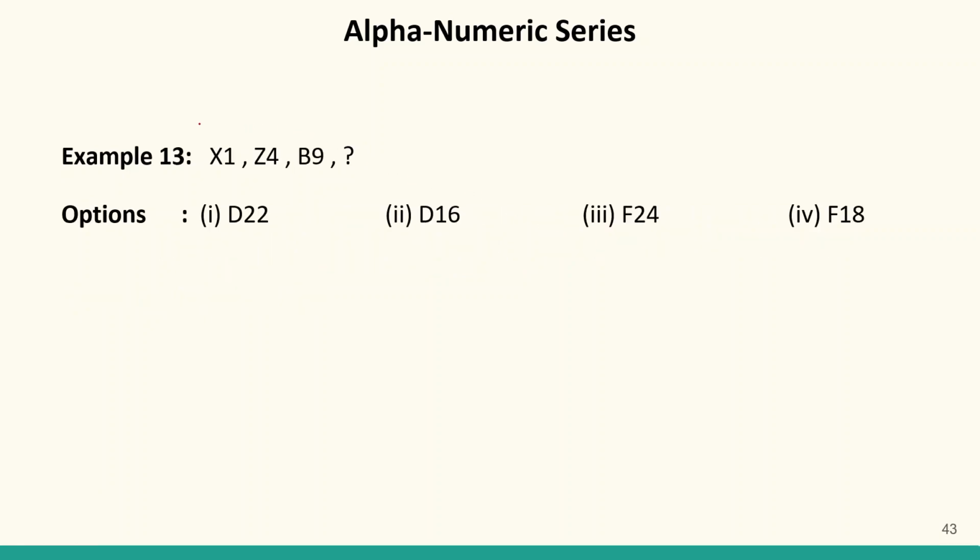Now let us solve this one. So this uses the concept of loop. I told you, right? So I can say X to Z is an increment of two positions, X, then Y, then Z. Okay, let me write X, Y, Z, and then we start again.